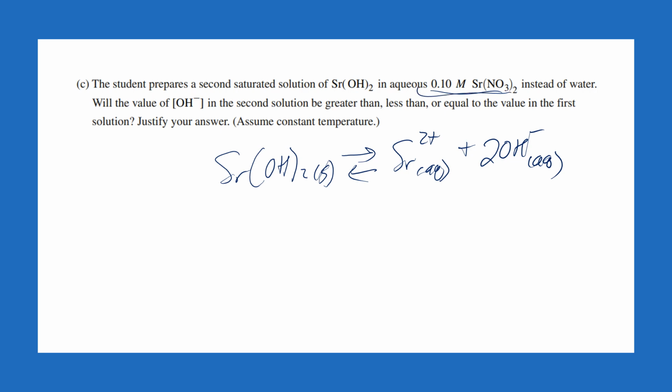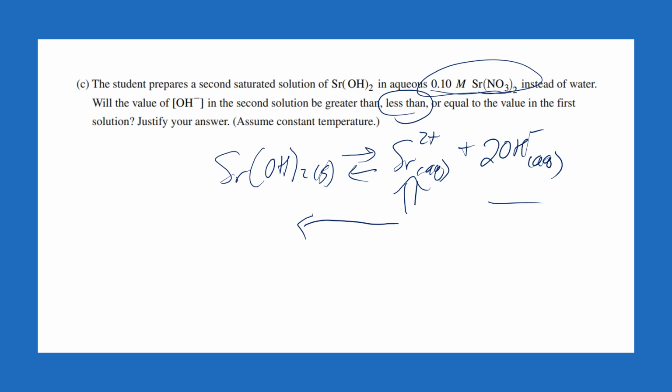So if I have the strontium nitrate that is completely soluble, that increases the number of ions of strontium in the solution. And according to Le Chatelier's principle, it's going to cause the reaction to shift in the direction of the reactants to use up the excess strontium. So I'm going to produce more solid strontium hydroxide, but that, as a result, will decrease the amount of hydroxide ions present in the solution. So the hydroxide ions will be less than the first.